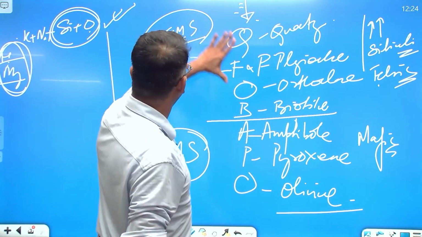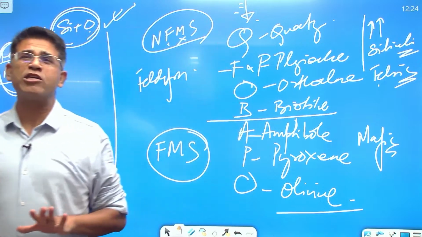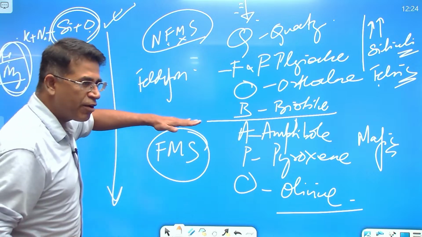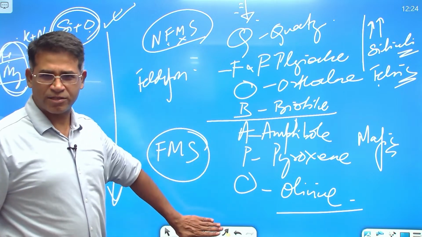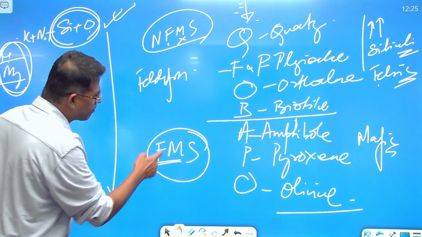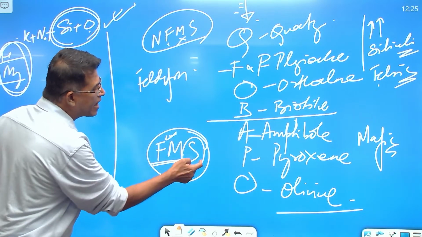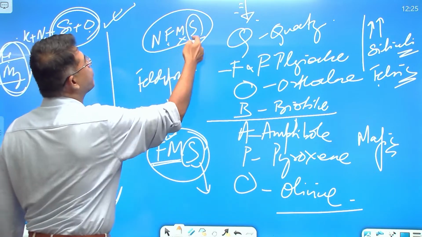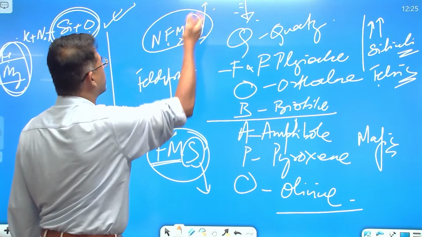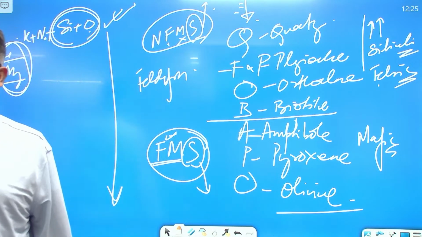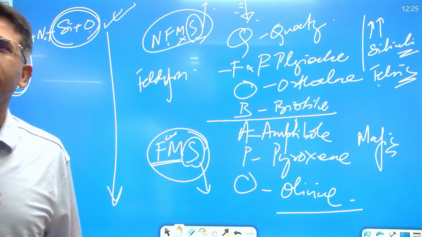So we call these non-ferromagnesium silicates, NFMS, and we call these ferromagnesium silicates. So here, iron and magnesium is more, the silicate component is less. Here it is the opposite: the silicate component, the silicon dioxide component, is more, and iron and magnesium is very small, almost negligible.